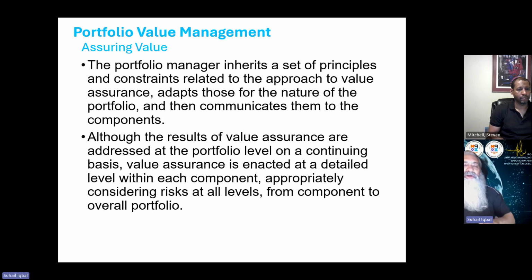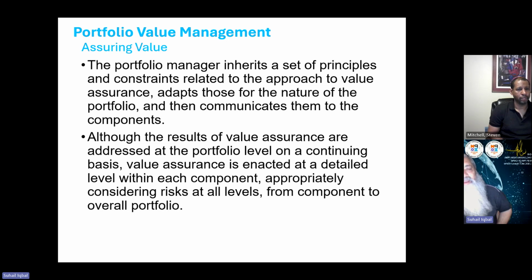The decision of terminating a component, or advising it to change its way of working, may have come from the value assurance aspect, or from any other area or analysis.